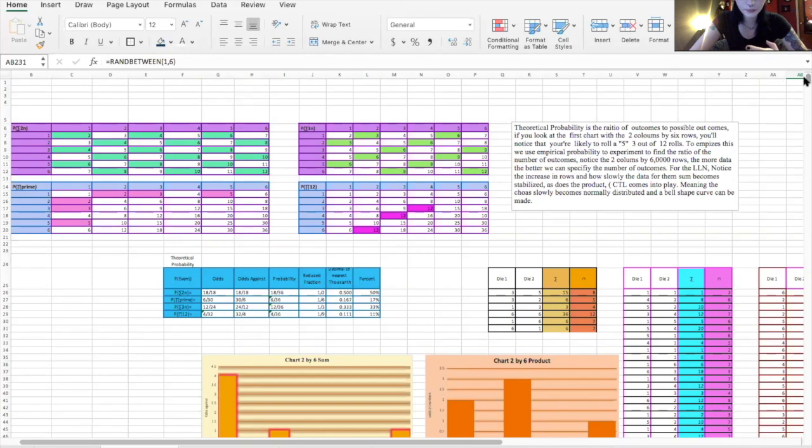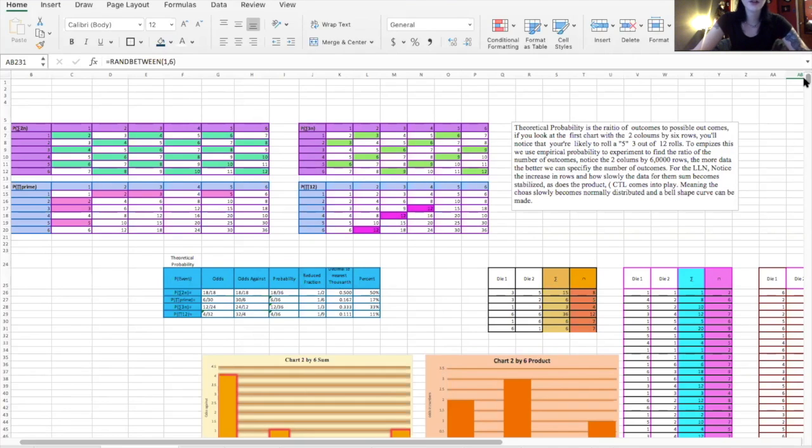If you look at the first 2 charts with the 2 columns and the 6 rows, you'll notice that you're likely to roll a 5 about 3 out of 12 rolls. To emphasize this, we use empirical probability, running an experiment to find the ratio of the number of outcomes.